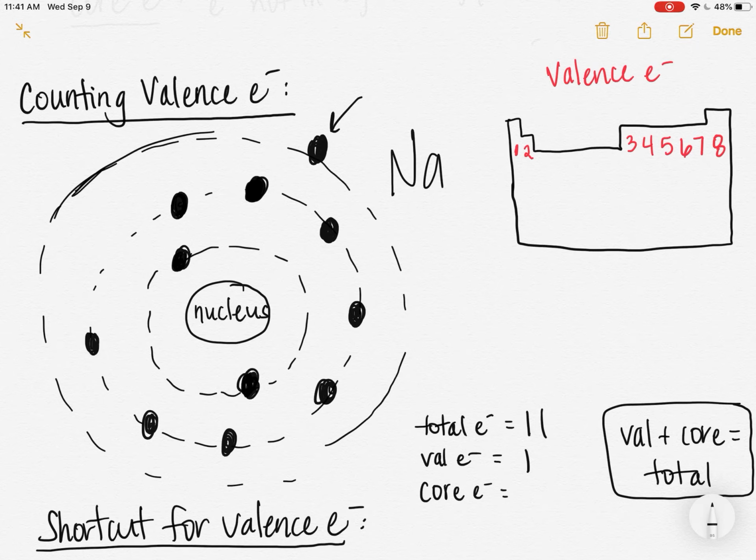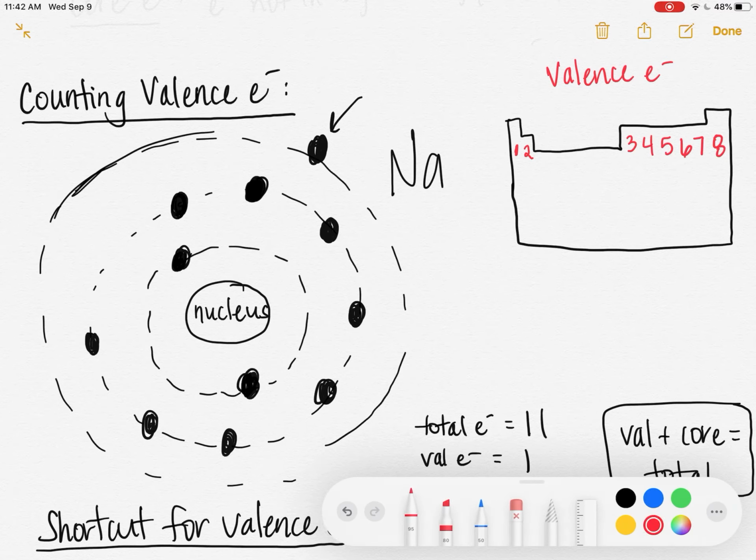How many cores? Everything else. So what has happened now is my core levels are not only level 1, but also level 2, because level 3 is the outer energy level. Okay, so in this case, core electrons are in levels 1 and 2. So I have a total of 10 core. Again, you can check it. 10 core plus 1 valence gives you 11 total, which we know has to be true.